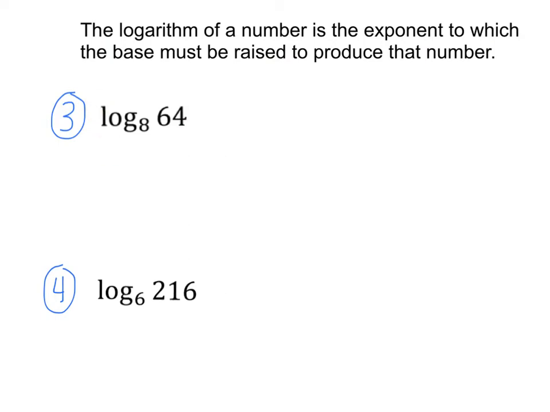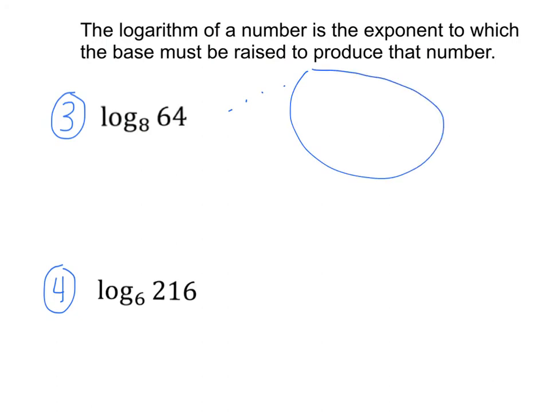Log base 8 of 64. This logarithm is going to be equal to the exponent to which we have to raise 8 to get 64. Or in other words, you can think about this as drawing a little idea box to the side.